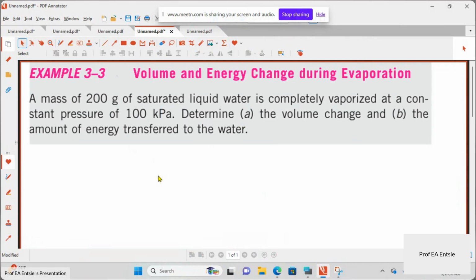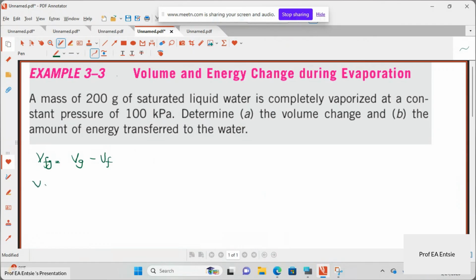All right, so what will I do? They gave me a certain pressure. So anything that I will find, if I need temperature, it will be Tsat. But I need volume. So volume change is what I told you. That's vfg. That's the volume at saturated vapor minus volume at what? Saturated liquid.